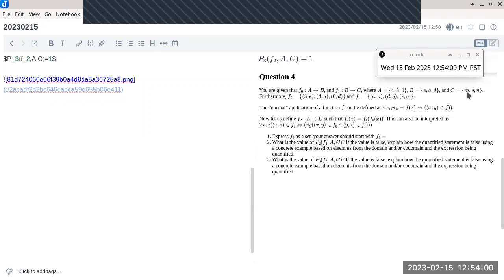Correct. But the question asks, explain how the quantified statement is false. So you still have to relate it to the cardinality, because we are comparing the cardinality of the set to less than or equal to 1 in one case and greater than or equal to 1 in the other case.